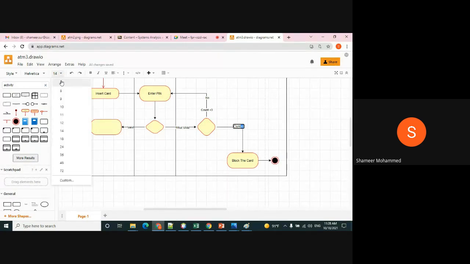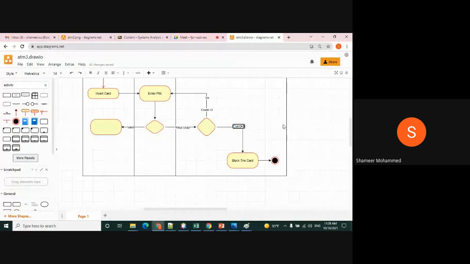Fifteen if you want, or 15 if you want. Okay, how about bold, color? It is up to you to make it more legible, more beautiful, neat. You can design like this.